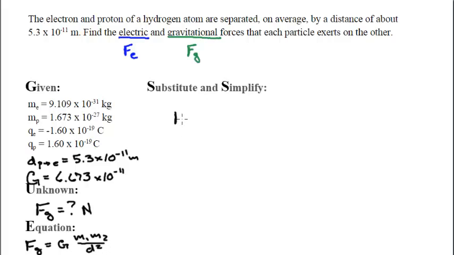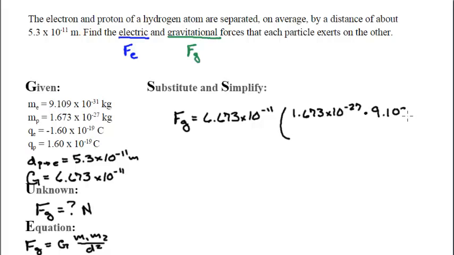So my force due to gravity equals, I'm going to replace G with 6.673 times 10 to the negative 11th. And then the quantity, my first mass, the mass of a proton, is 1.673 times 10 to the negative 27, and I'm going to multiply that by 9.109 times 10 to the negative 31, and those are in kilograms.